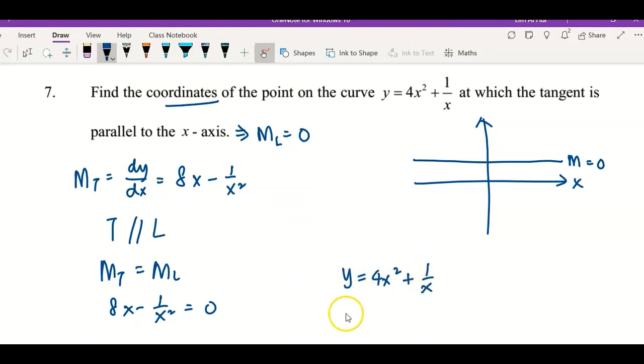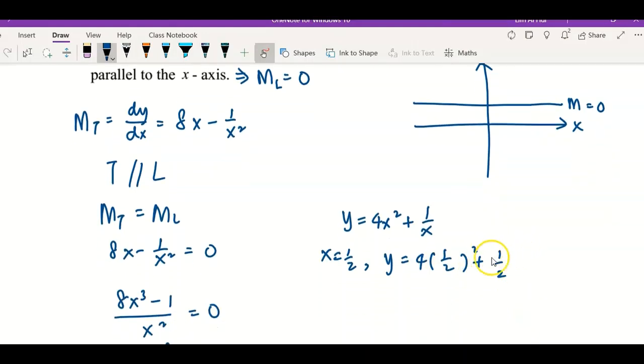Substitute x equals 1 over 2, your y equals 4 multiplied by 1 over 2 squared plus 1 over 1 over 2. Later on, you will get 2.